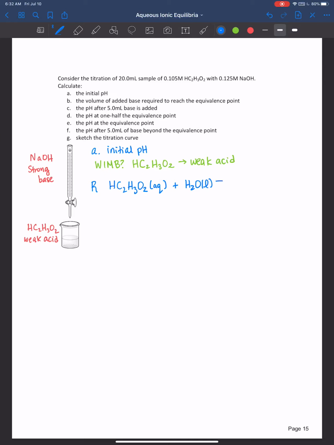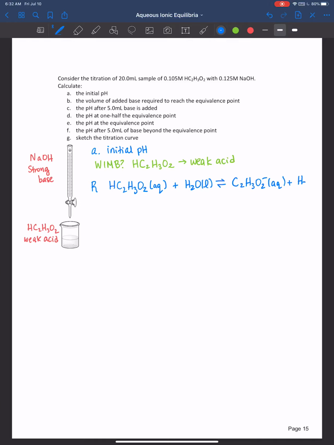So you first need to write down the reaction that's taking place, the partial ionization in water, and the conjugate base of acetic acid is acetate. Water has to act as a base, so it's a proton acceptor.